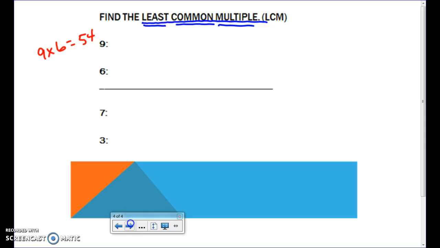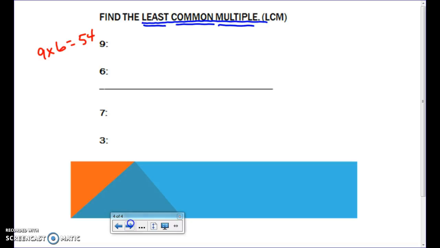54 is a multiple of 9 and 6 that they both share, so it is a common multiple. However, it's not the least common multiple. Hopefully you won't need your multiplication chart for today, but it's there if you do. I would like you to write the multiples for as many blanks as there are on your worksheet. However, for this example, I'm going to write down all the way through multiplying by 10.